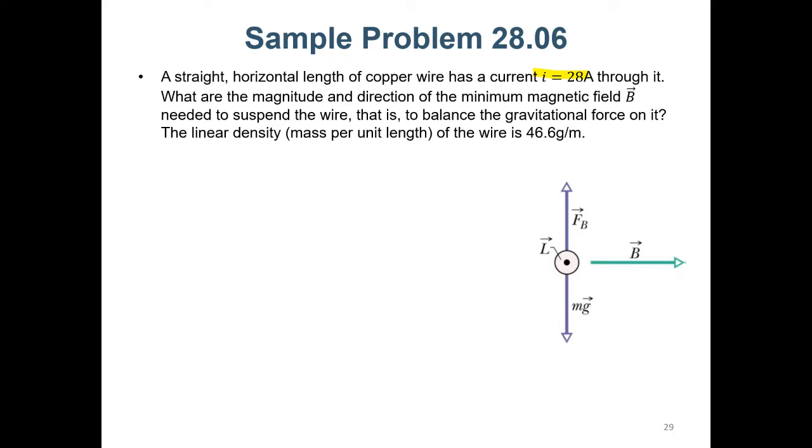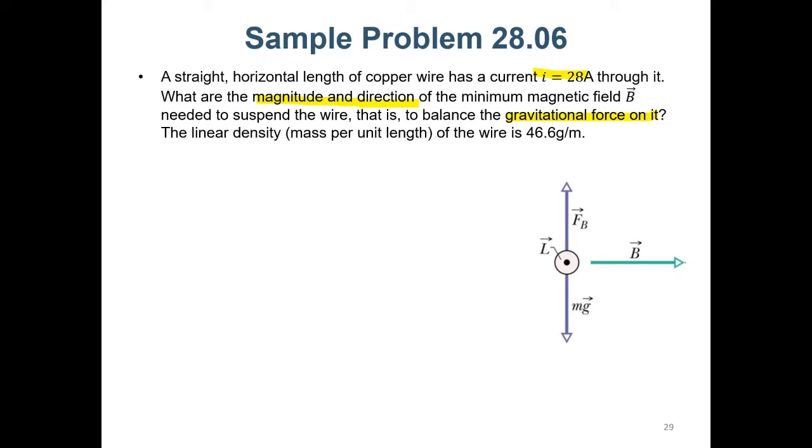There is a gravitational force acting on it, and we want the magnitude and the direction of the minimum magnetic field to suspend the wire, which means to balance the gravitational force acting on it.